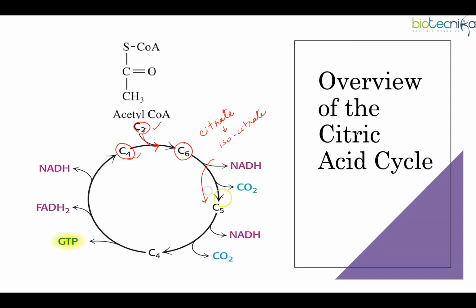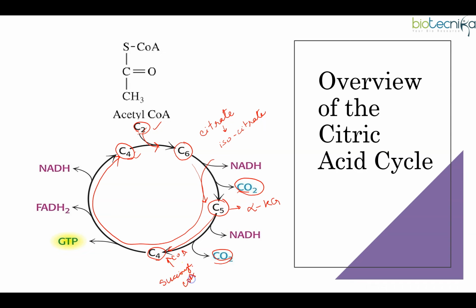The next step will be to remove 1 carbon, because ultimately it should come back to 4 carbons, since this is a cycle. So from C6, 1 carbon is removed in the form of carbon dioxide, and it forms a 5-carbon compound called alpha ketoglutarate. Then the 5-carbon compound again loses 1 more carbon in the form of carbon dioxide, and this molecule attaches a CoA molecule, coenzyme A, and thus forms succinyl-CoA.